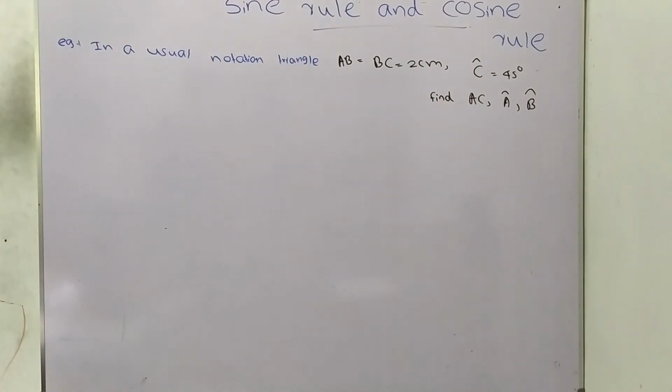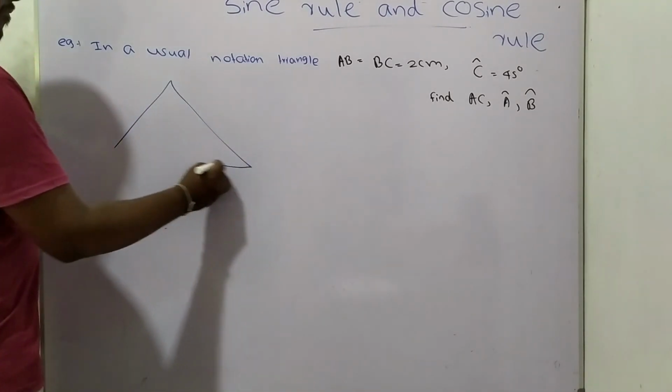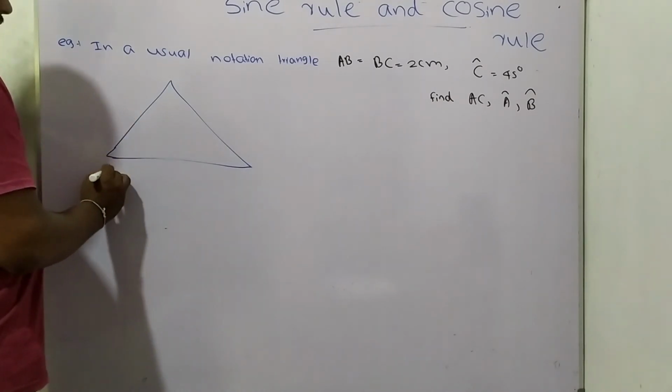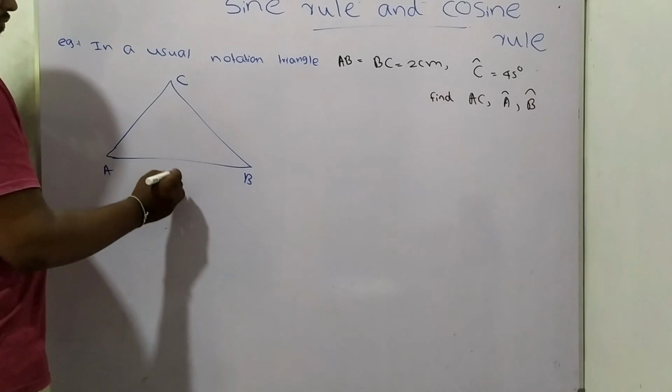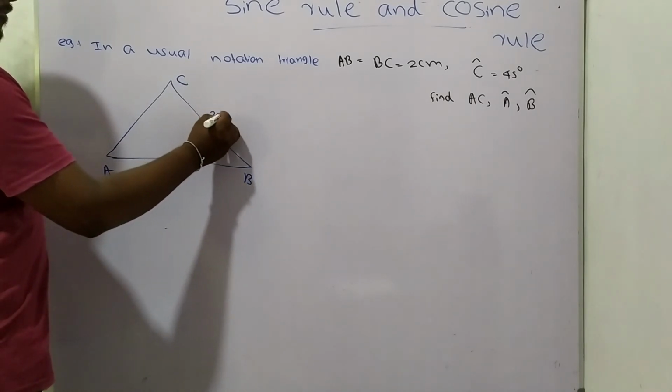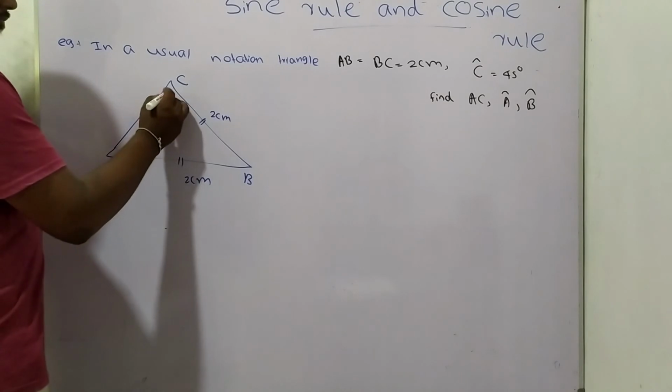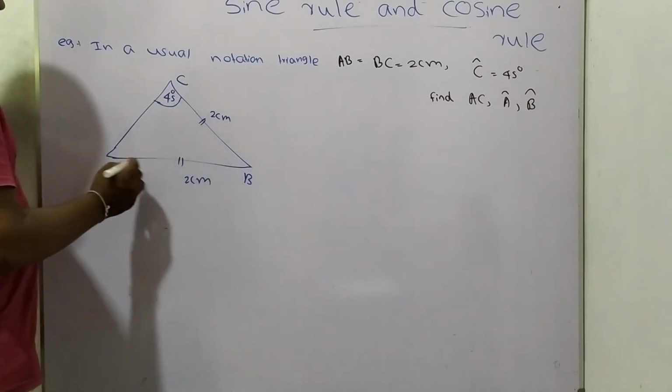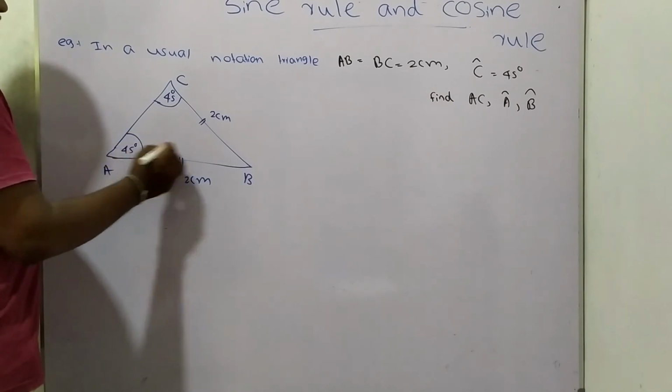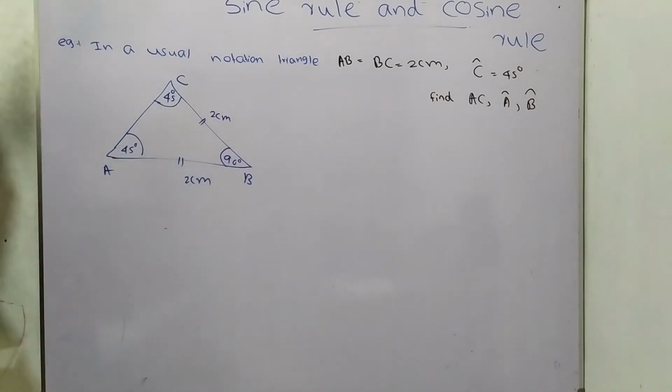Okay, this is my next example. In a usual notation triangle, AB and BC are both equal, 2 centimeters, and angle C is 45. Find AC, A and B. Again, you need to draw the diagram and include the data. These two are equal, 45, 45, and here this is 90. This right angle triangle is easy, like grade 11.